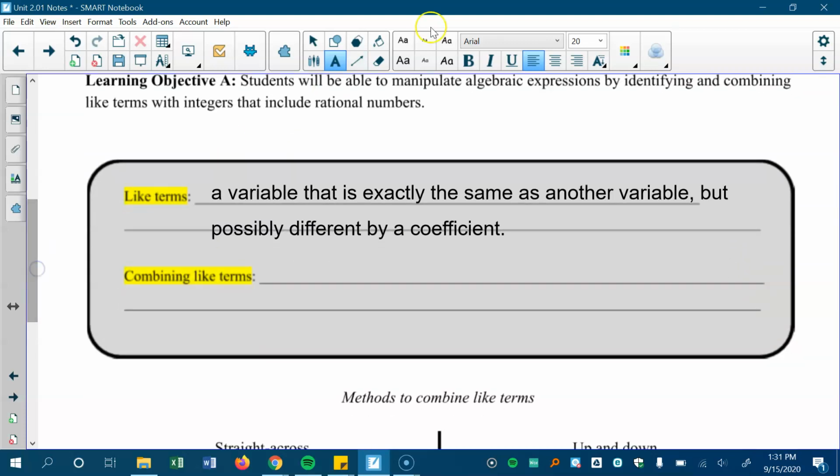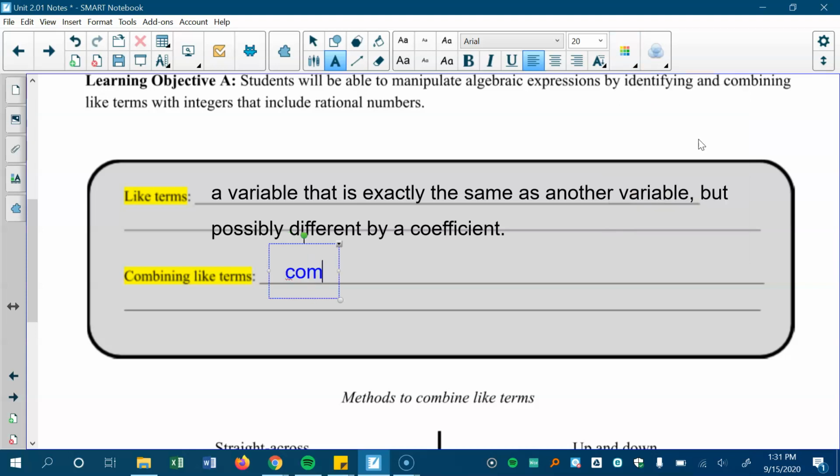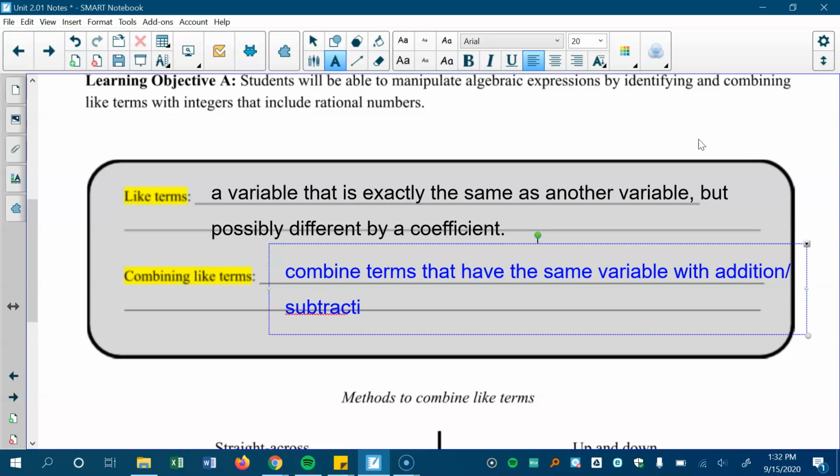To combine like terms, let's change the color. Let's make this blue. The thing you want to do for combining like terms is combine terms that have the same variable with addition and subtraction.